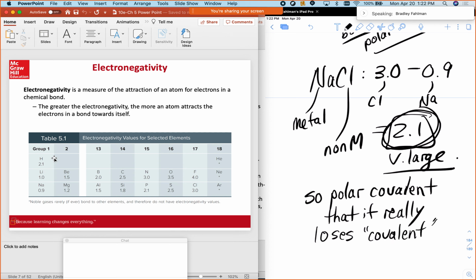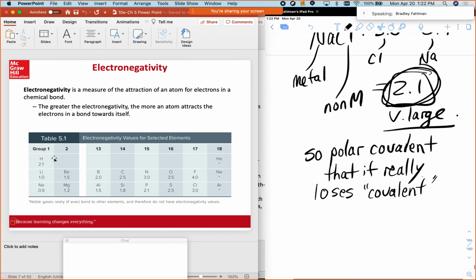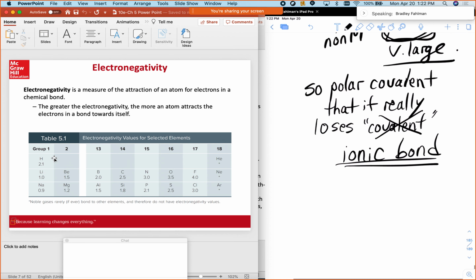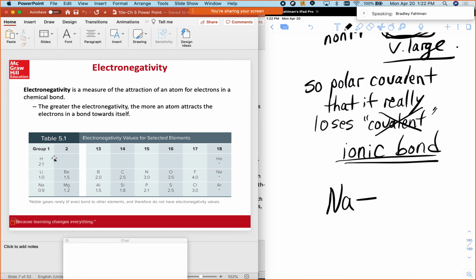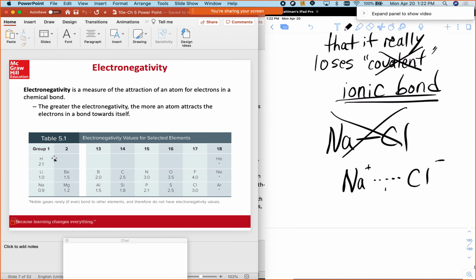That's why you generally don't even talk about it being covalent anymore. It's really an ionic bond. In other words, we wouldn't write NaCl with a line between them. We would just write it as two ions, where there are 0 electrons shared between them.